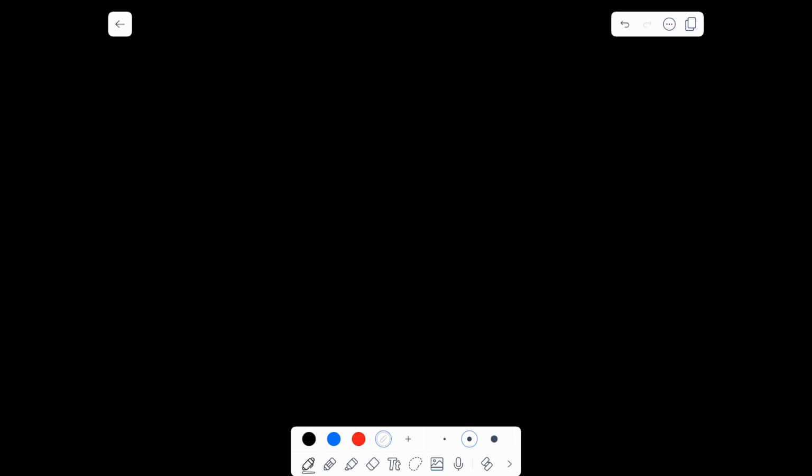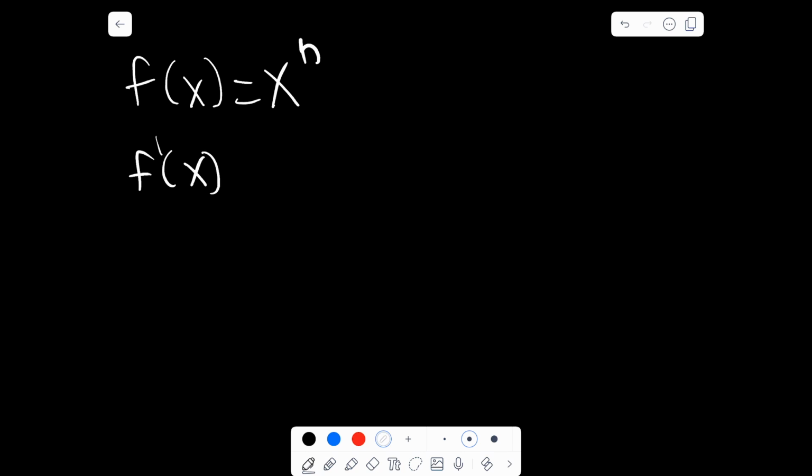So, first thing we got to know about the power rule is this little rule here that I'm writing down. If f of x is equal to x to the n power, all you got to remember is that f prime of x, that's what this little 1 here does, is equal to n times x to the n minus 1.